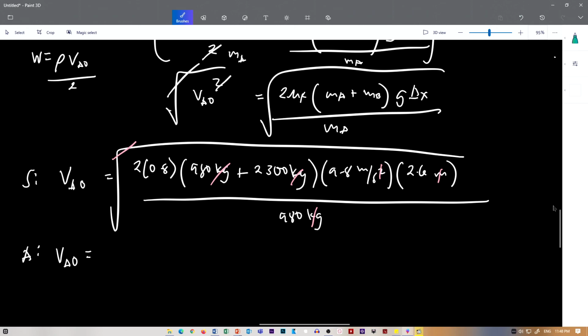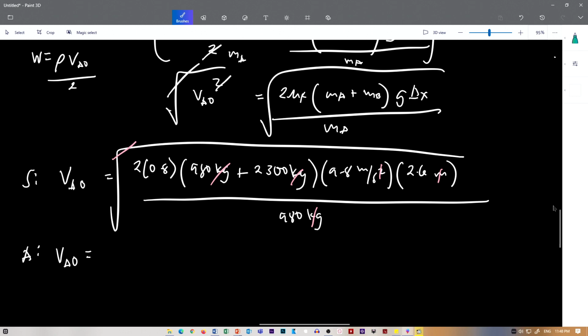So what will be our answer? Okay, so you have square root first, then you have 2 times 0.8 multiplied by 980 plus 2300, multiplied by 9.8, then finally multiplied by 2.6.